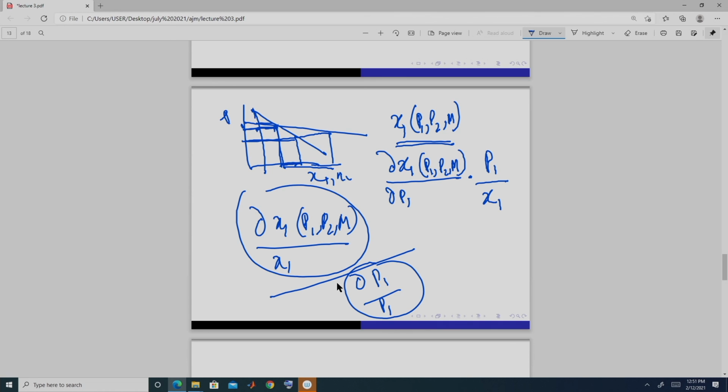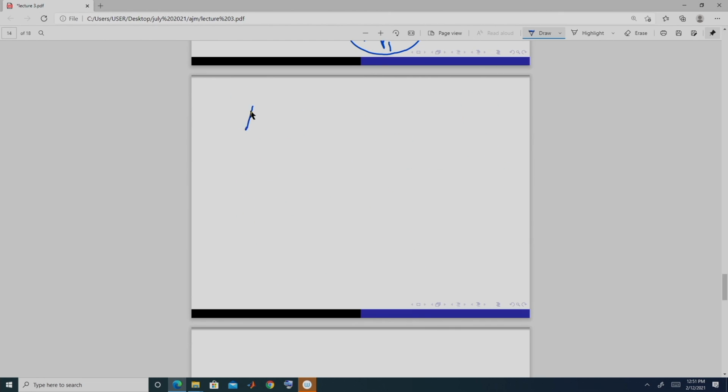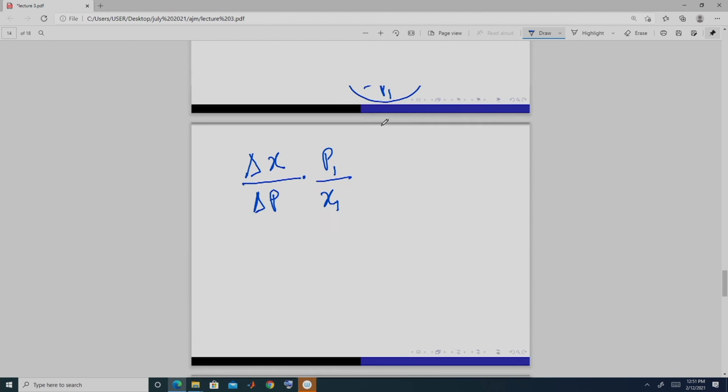Or if you are looking at a change from this unit of price to this unit of price, you can do it this way: changes in quantity demanded divided by changes in price, times P1 over x1.